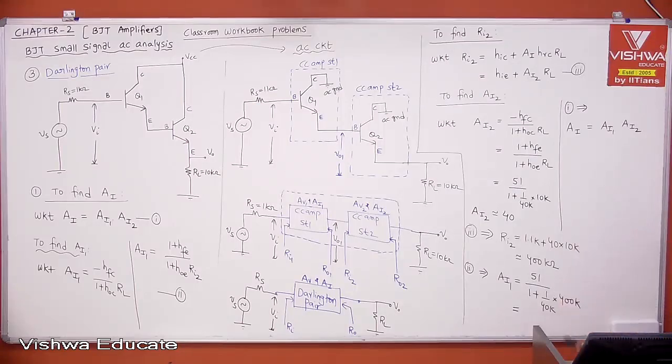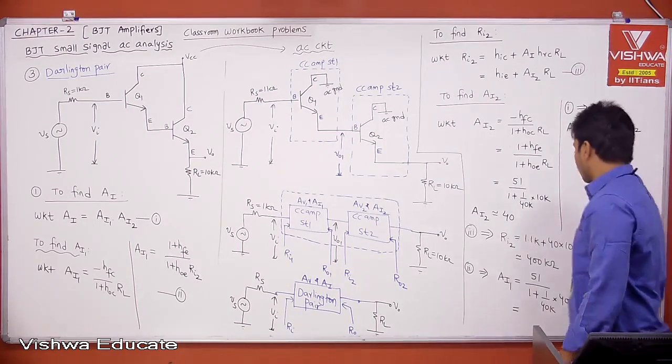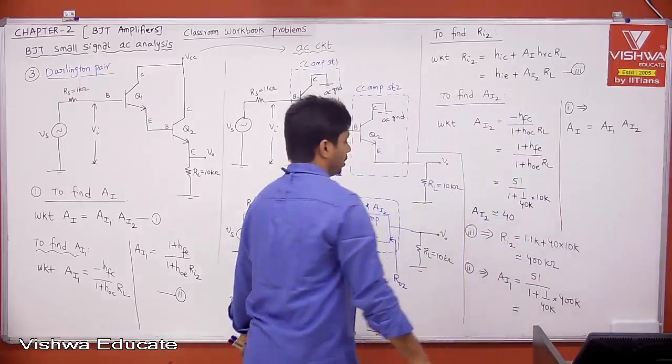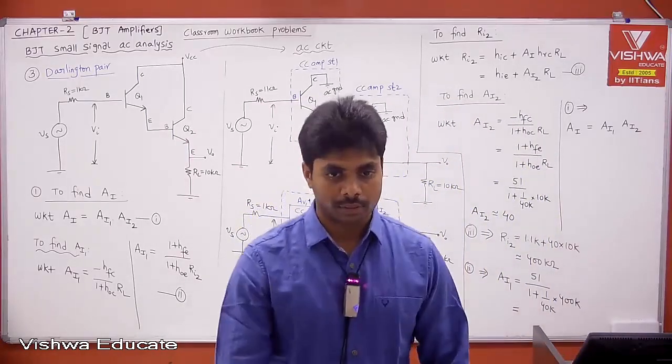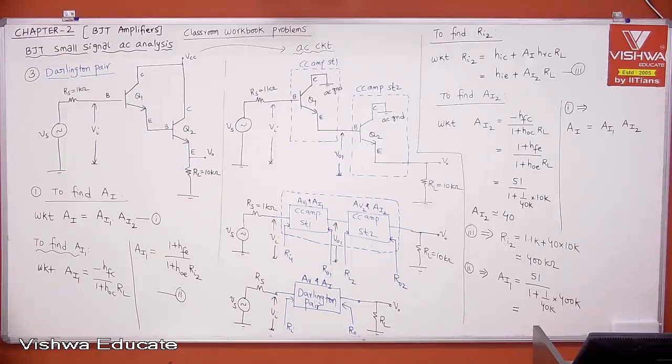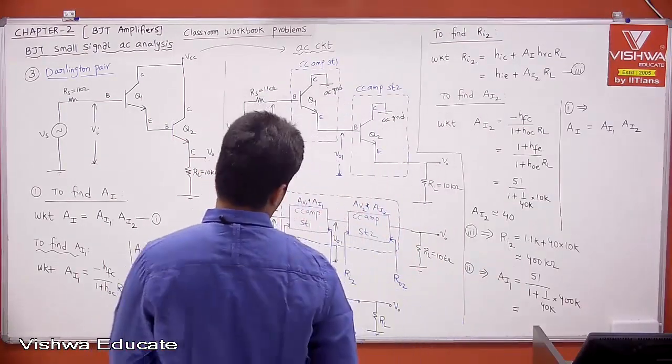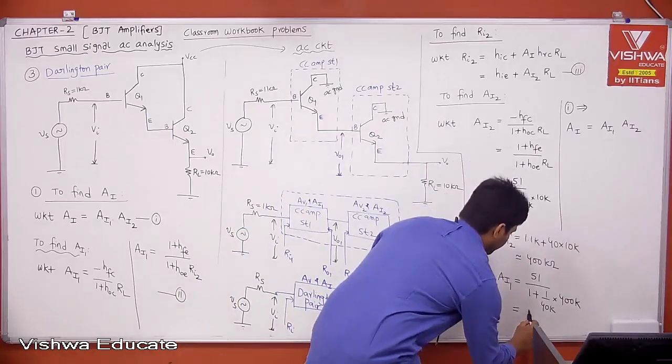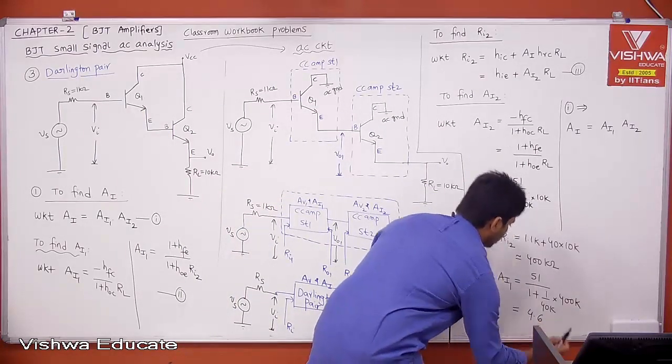You will get approximately 4.6, right? If you want the exact answer, 51 divided by 11, that is 4.63. You can say approximately 4.6.